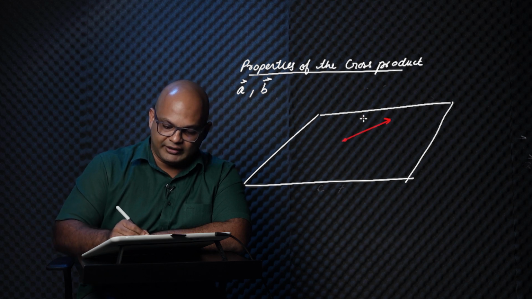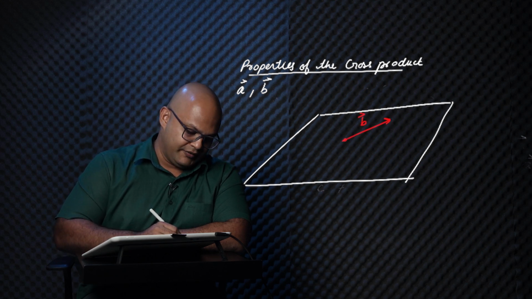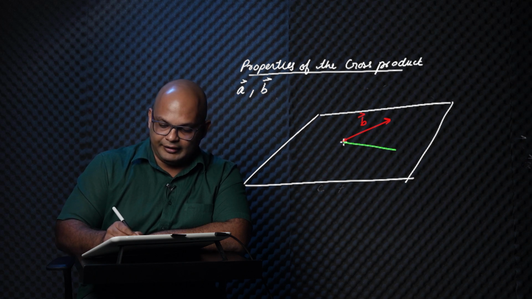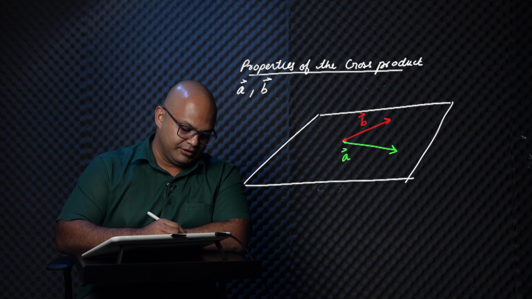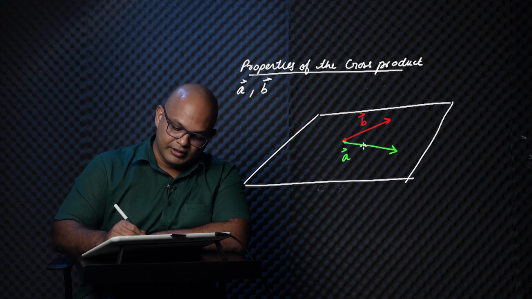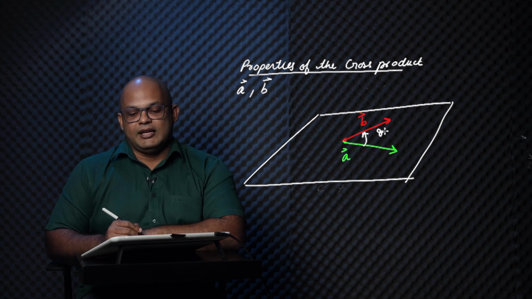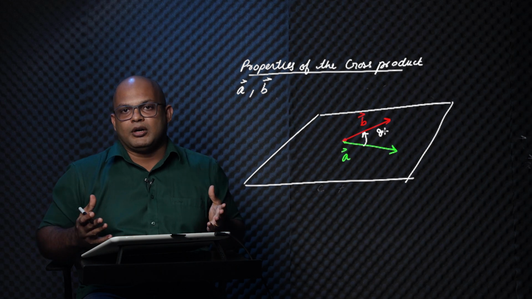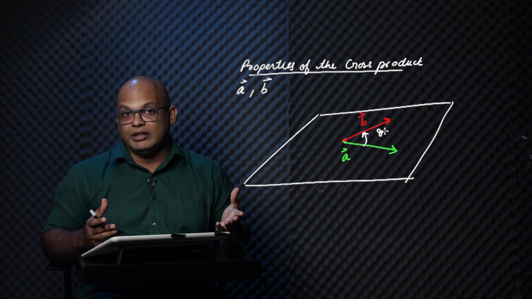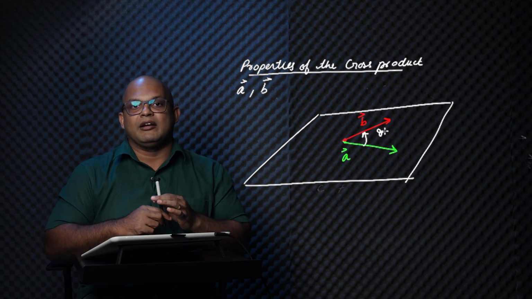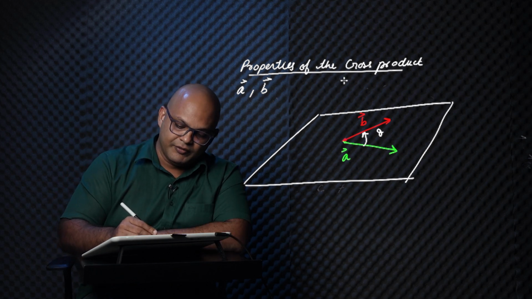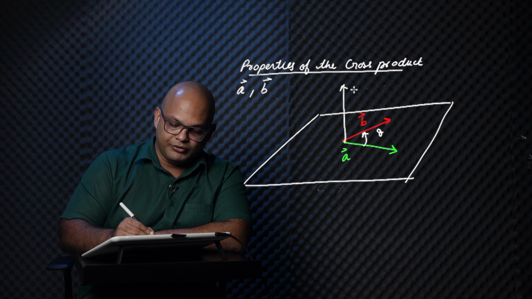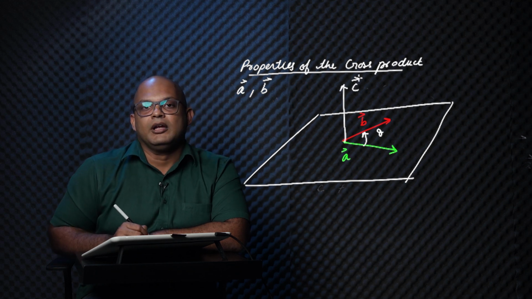So this is vector B, and here we have vector A. And these two vectors have some angle between them. So the angle between them is theta. If we were to define a cross product for these two vectors, that would be vector C. So according to the right hand screw rule, we can predict where the vector C will exist. It will exist in a plane which is perpendicular to both A and B, something like this. So this is vector C.